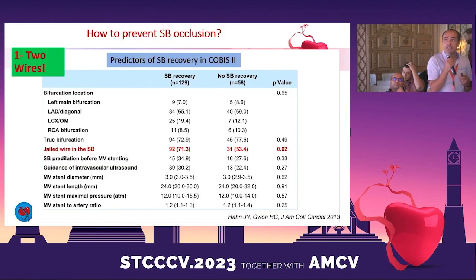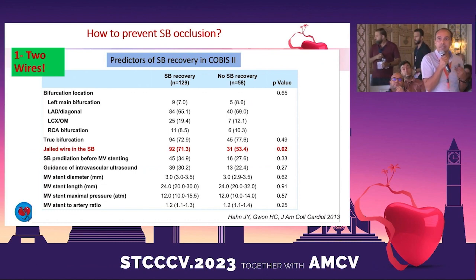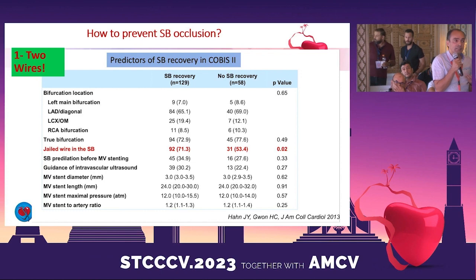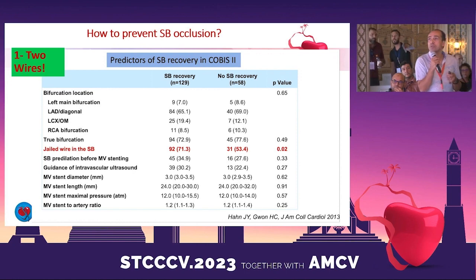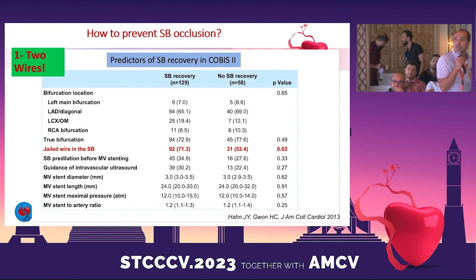How to prevent side branch occlusion? I think the most important step is to have two wires, so a wire in the main branch and a wire in the side branch. As you see here in the COBIST registry, only the jailed wire in the side branch was the only predictor of side branch recovery in COBIST 2 with significant P value.